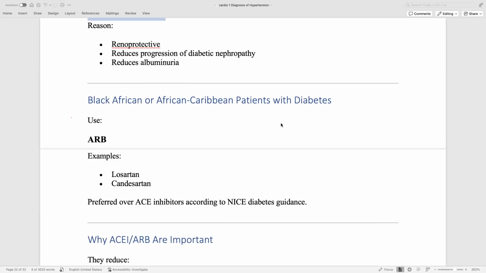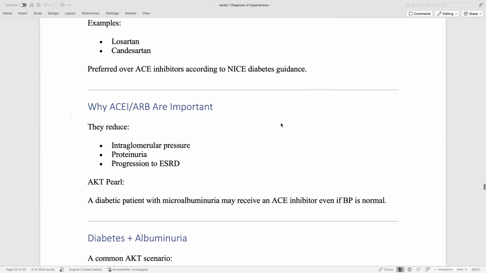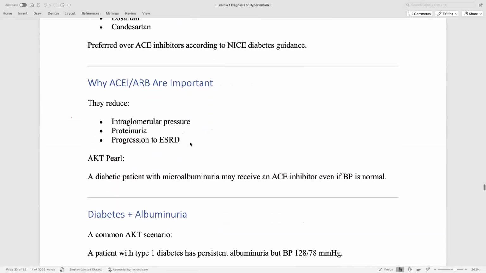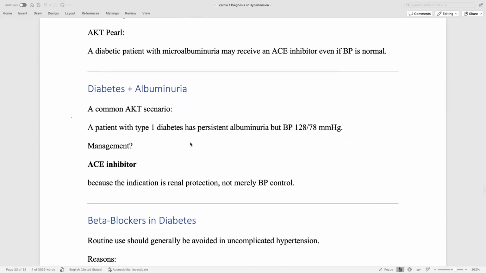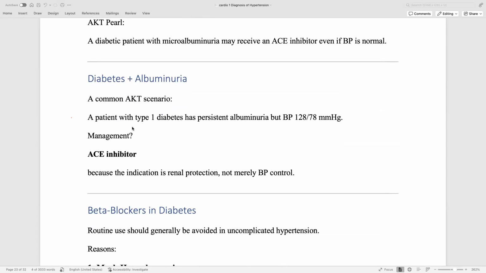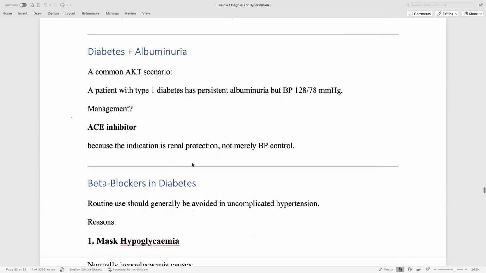But if a black African has diabetes, then white with diabetes gets ACE inhibitors, and black African with diabetes gets ARBs. If diabetes with albuminuria and without hypertension, ACE inhibitor. If with hypertension, ACE inhibitors.